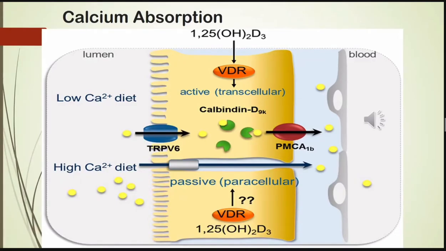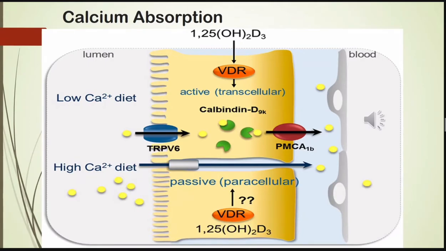Your vitamin D will attach to the vitamin D receptor within the cell to upregulate the formation of calbindin and TRPV6.